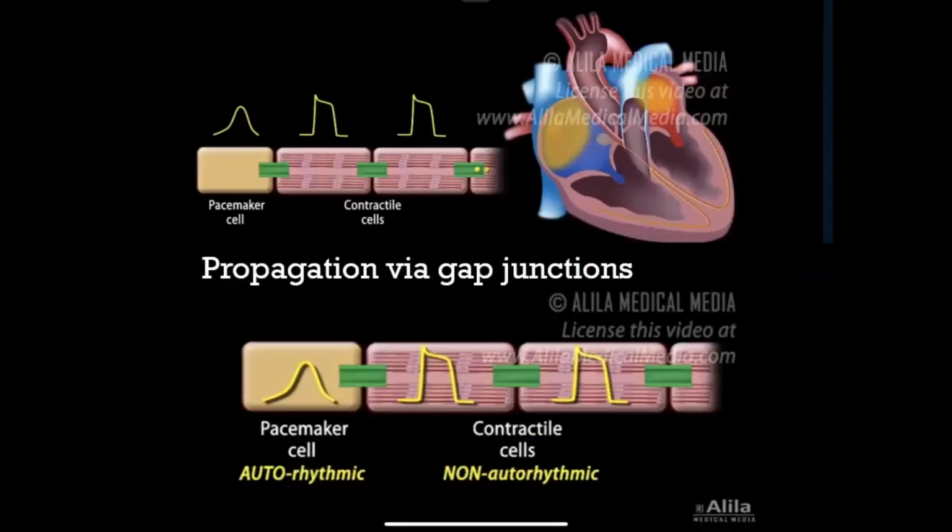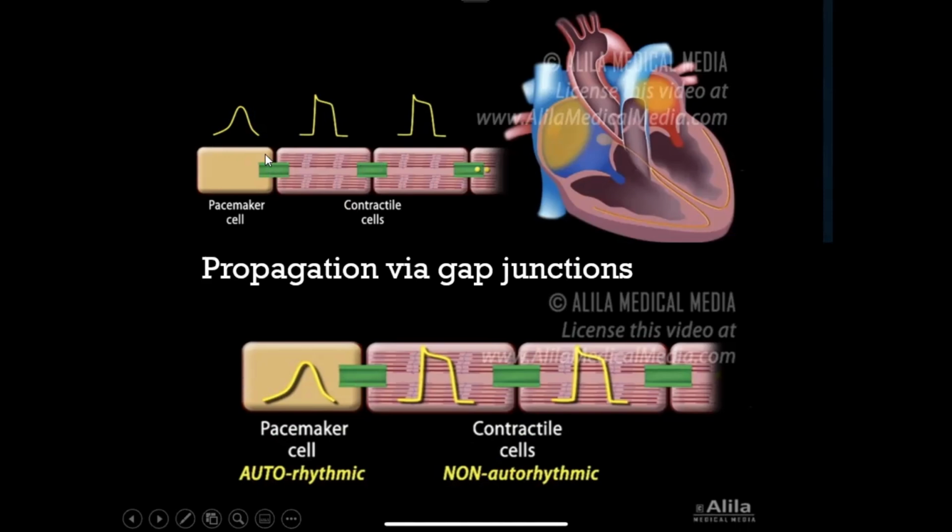So the most important thing in a cardiac muscle cell, the ventricular muscle cell, is something called gap junction. This is gap junction. You see, this is one cell, this is another cell, ventricular muscle cells. The myocytes have something called gap junction, via which calcium can diffuse or move across from one cell to another cell.